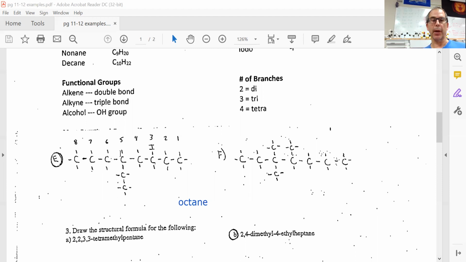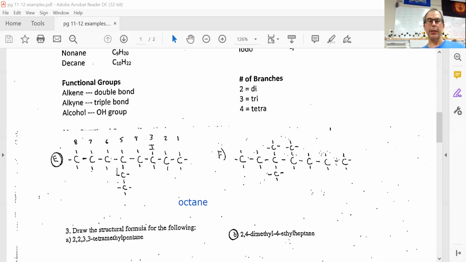We'd be on the 4th carbon right here. Going from this direction, the I is on the 3rd carbon. So going in this direction, the I is closer to this edge than the 2 carbon branch is closer to this edge over here. So I am going to number from 1 through 8 going this way.